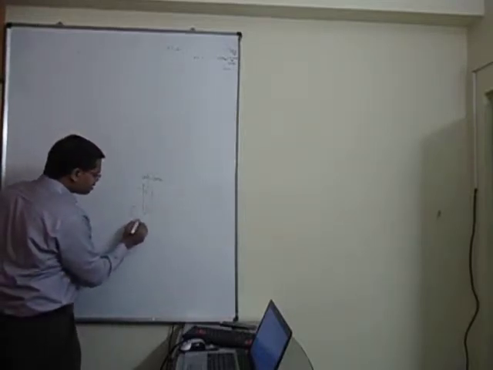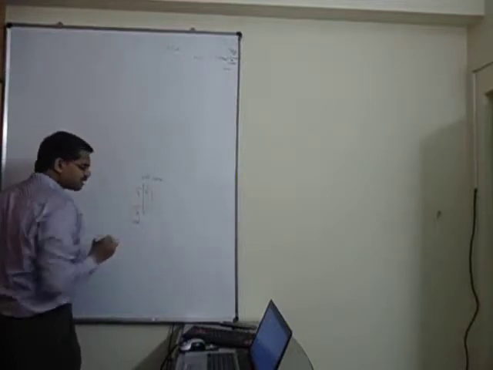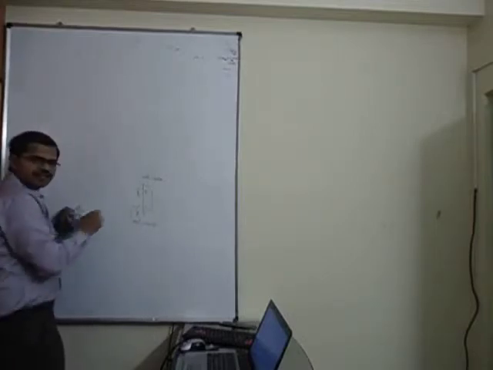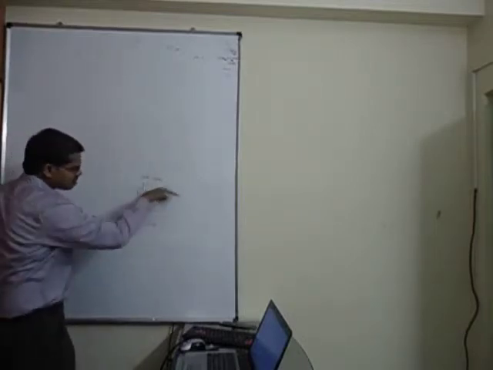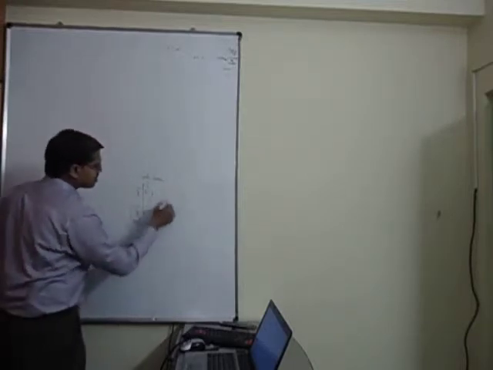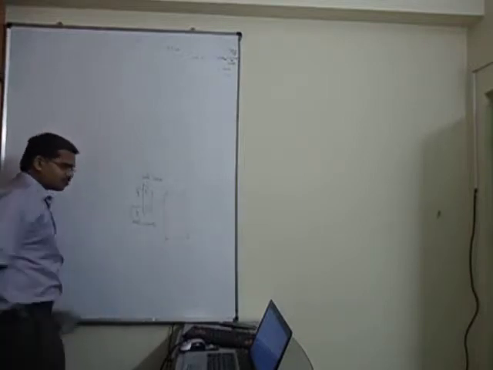That I will call init count. It's a bus. These are all buses. It's an 8-bit counter, so whatever initial value of count you want to load, you feed it here. When you make init load 1, this value gets loaded. Where does it get loaded? Into the register stage. Sorry, the marker is not showing properly.